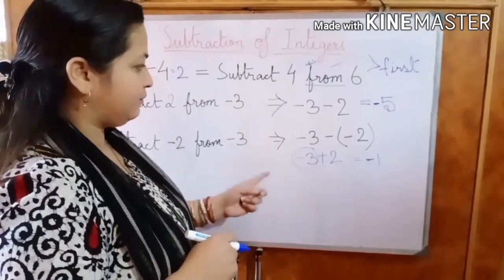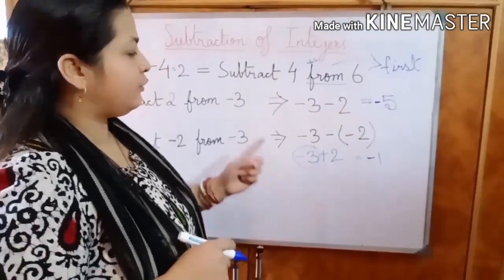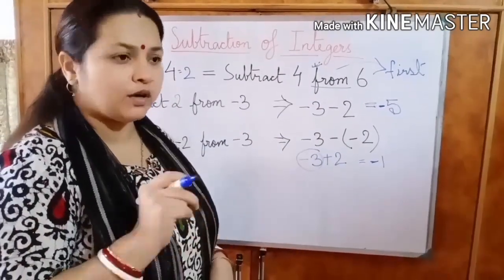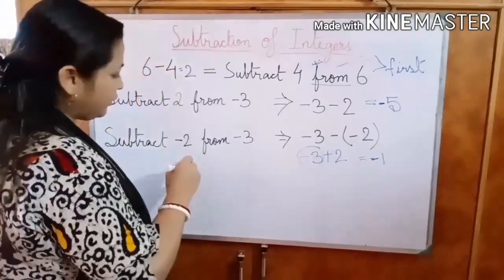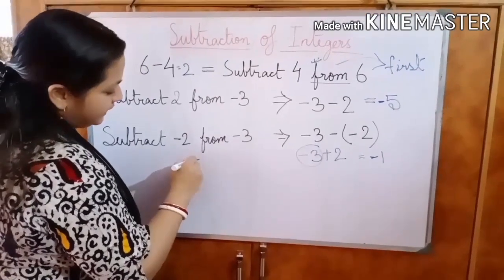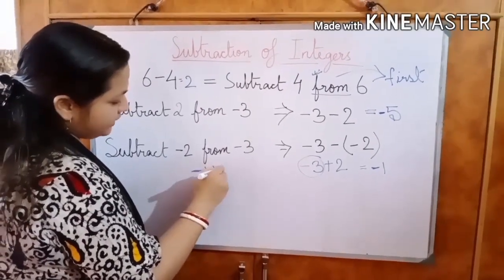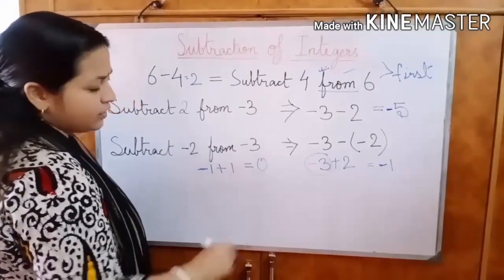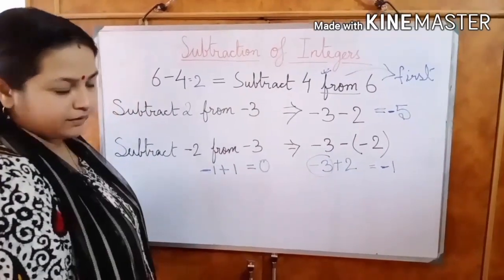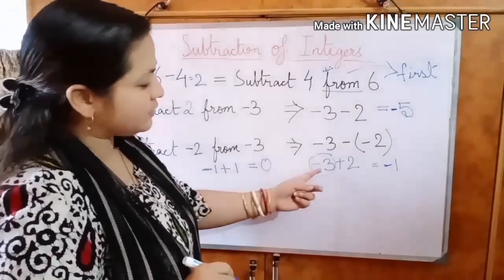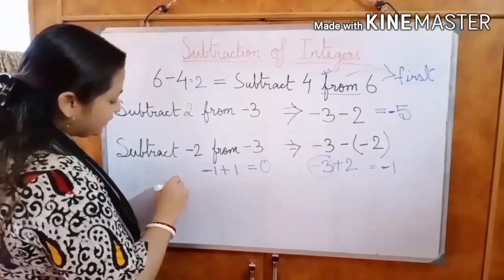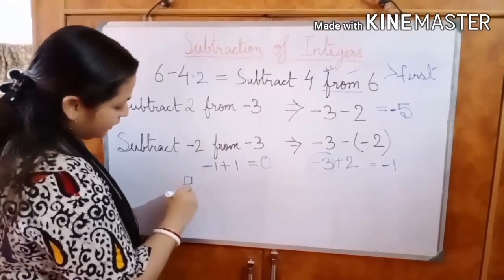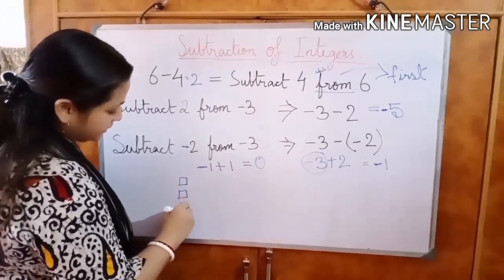How do we get it? To understand this, we have to first learn about the zero pair. What is a zero pair? We know that when minus 1 and plus 1 are added, we get 0. This is called a zero pair. Now, suppose this minus 3 is represented by 3 small white boxes.